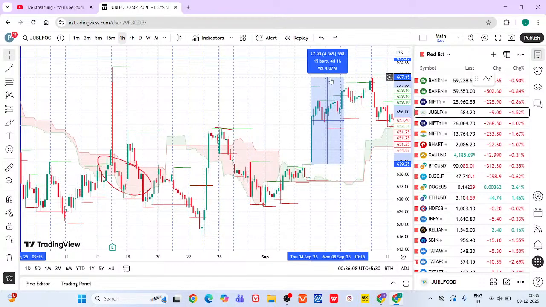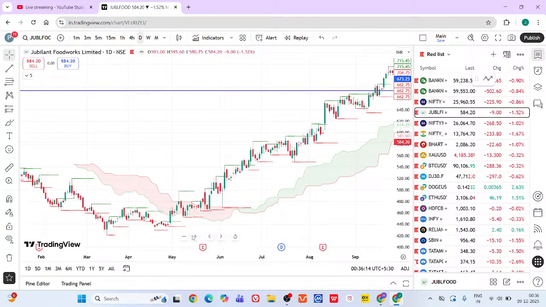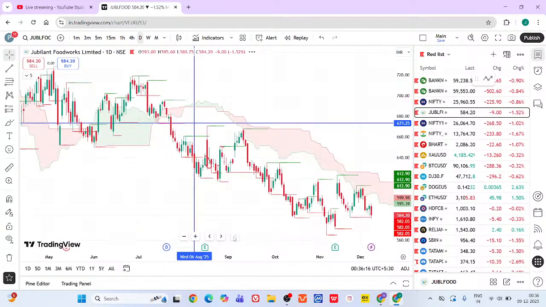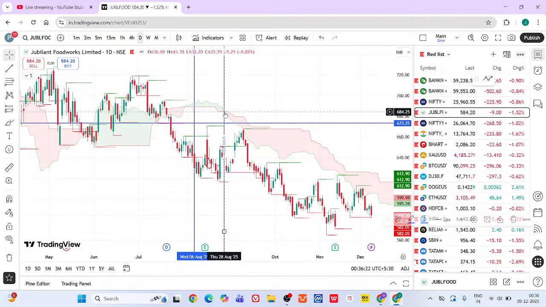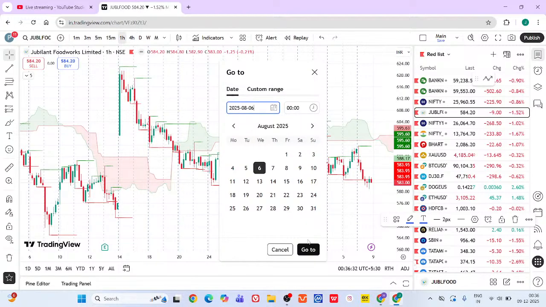But since the cloud is in red, correct? The cloud is red after when? 6th of August, or rather, from here, or 25th of August. So let us go back to the hourly time frame. Let us go to 6th of August once again.